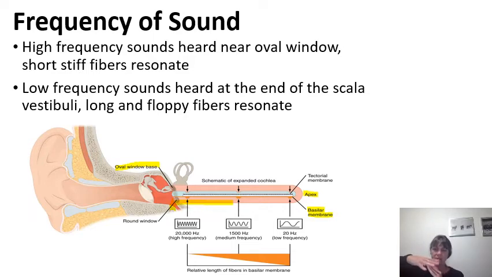And remember, when they bend, potassium goes in, depolarizing the membrane of the hair cell. That depolarization opens up voltage-gated calcium channels, which triggers calcium to come in, which triggers the neurotransmitter in the hair cell to be released to the afferent branches of the cochlear nerve.